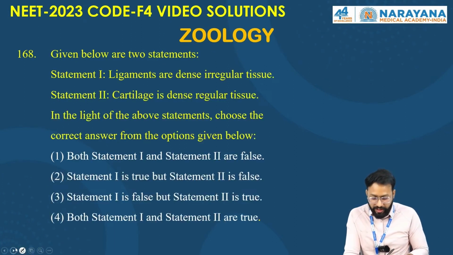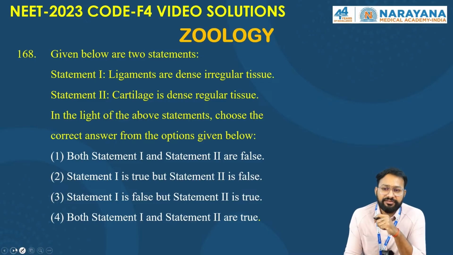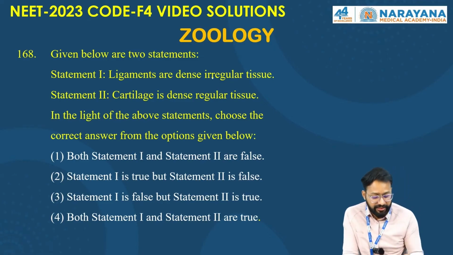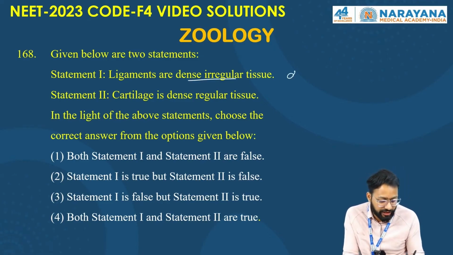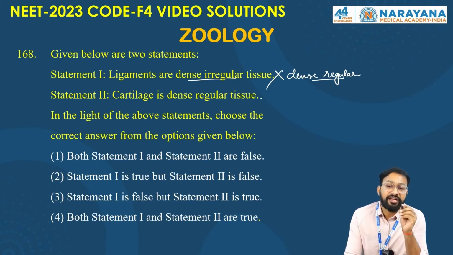Okay. Question number 168. Again, here there are two statements. Statement 1: Ligaments are dense irregular tissue. Ligaments come under dense regular, so this statement is wrong. Cartilage is a dense regular tissue.